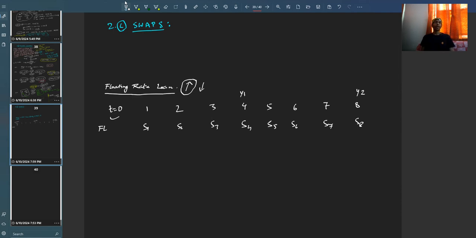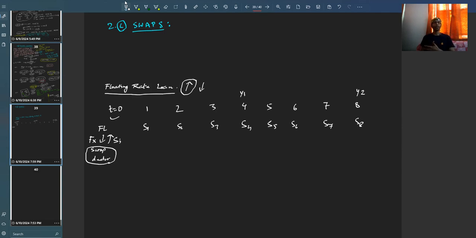Now what you do is, you go to a swap dealer and you tell the swap dealer that you want to get into a swap which takes from you fixed payments and in return gives you back the floating payments. So you say, I will give you the fixed payments, something called FX, let's say. I'll give you this fixed rate FX, and in return you will give me the variable payments. Let's denote it by SI.